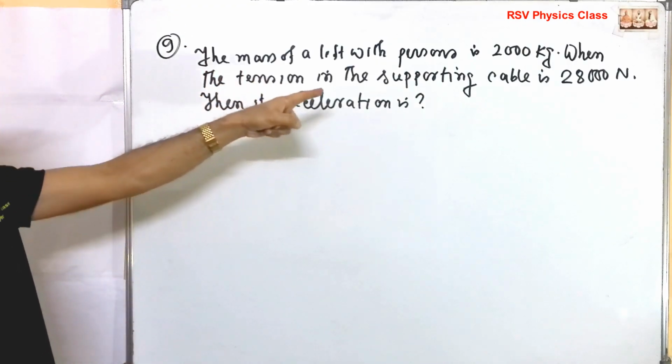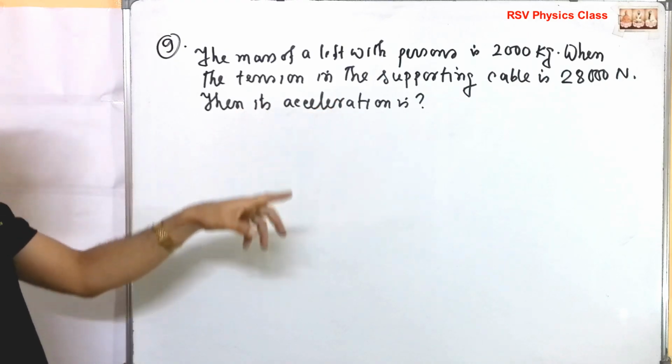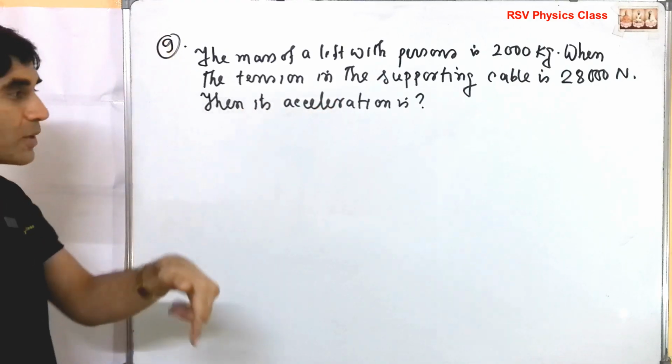The mass of the lift with persons is 2000 kg. When the tension in the supporting cable is 28,000 Newton, then will its acceleration be upward or downward?